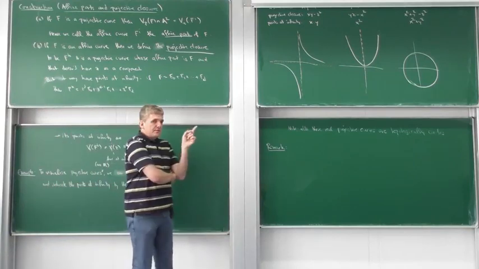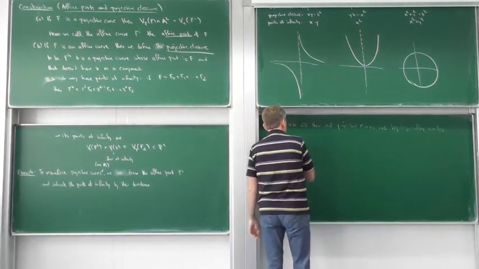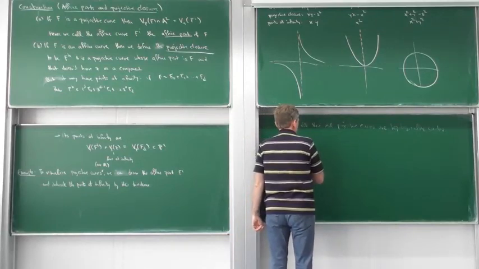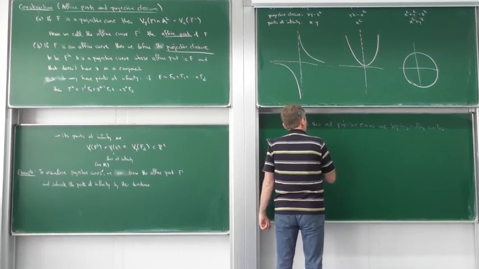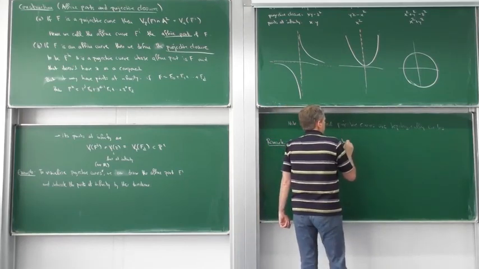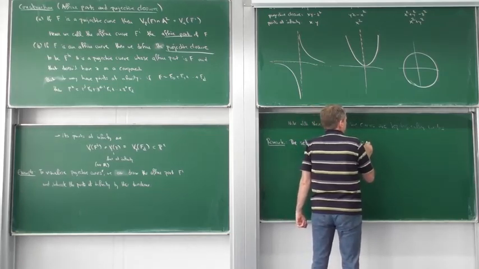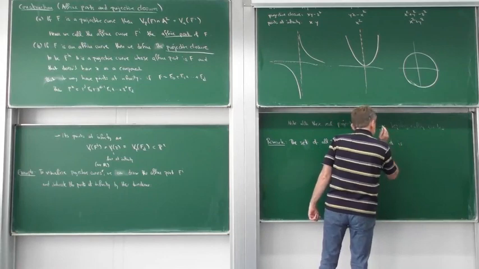consider the space of all projective curves, say of a given degree, so space meaning the set, let me just write set, of all projective curves of degree d, is, so what is it?